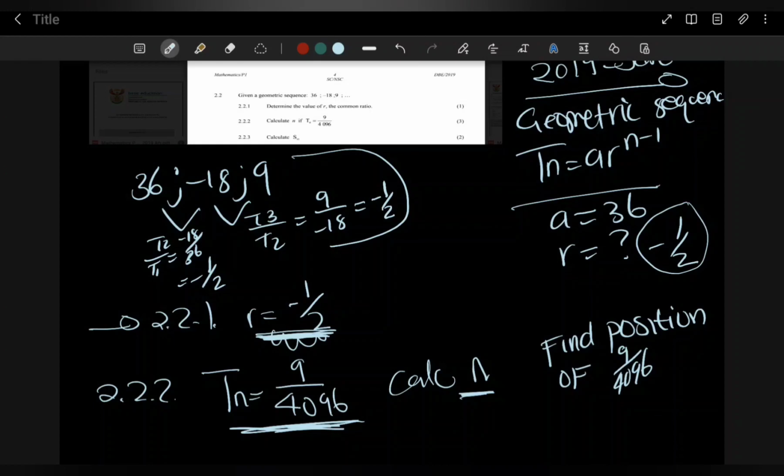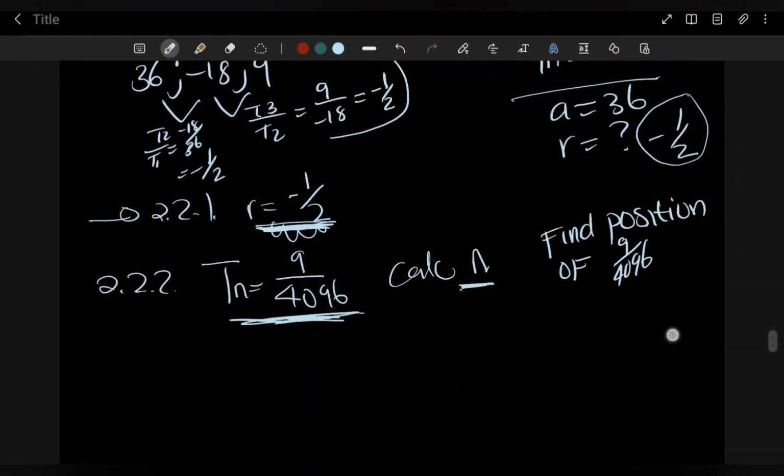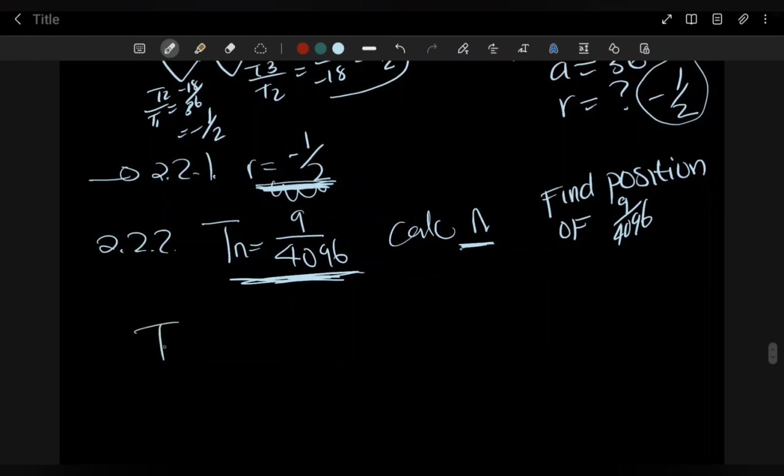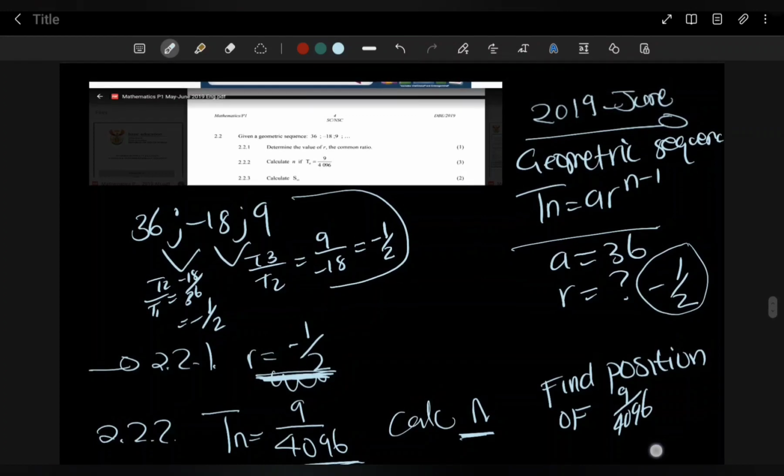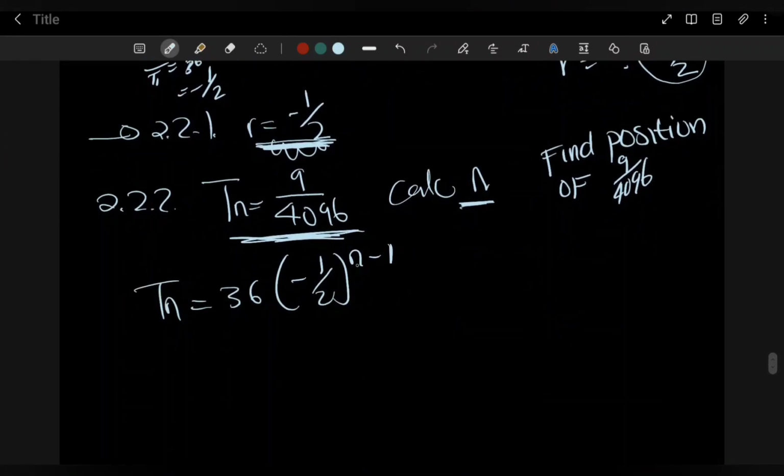So what are you going to do? You're going to go to your formula. Since you now have a formula, your a was 36, r negative 1 over 2, n minus 1. And then what are we given? We are told that we must find this value, but they gave us this one. So it's easy to solve because we only have one unknown.